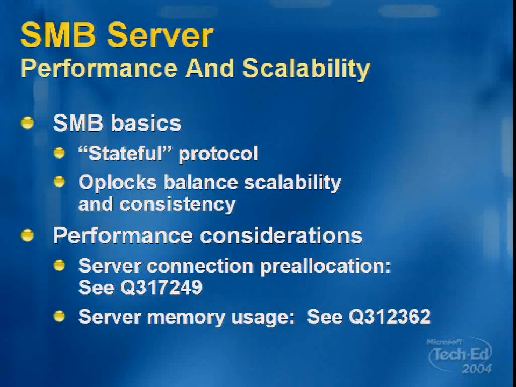Now by that it means that when a client connects to a server to start reading some data, the server has to remember information about every client that is connected to it. Now that has some advantages and that has some drawbacks. Some of the advantages are it lets us do much more performant operations like streaming data because the server can remember the last offset in the file that the client has read.